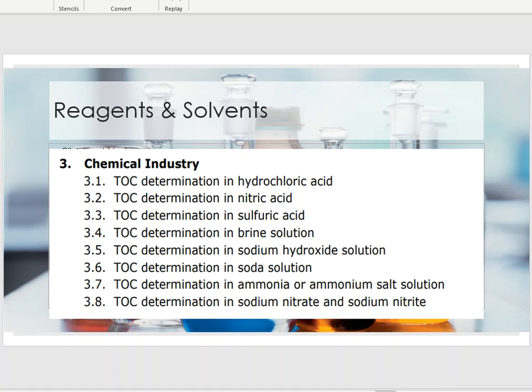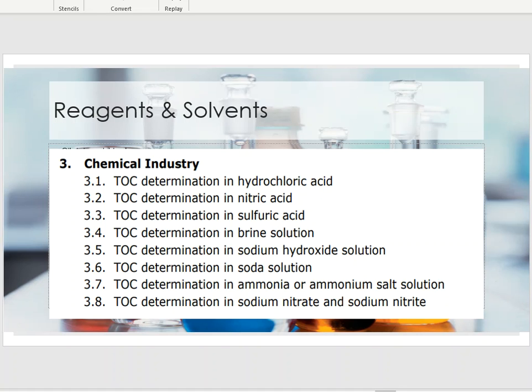So I will take hydrochloric acid, I'll process that sample, I'll inject that sample onto a TOC instrument, and I'll measure it just like I measure maybe a drinking water sample. So again, no difference here, but a TOC is going to give me some idea about how clean my products or my solutions or my reagents are.